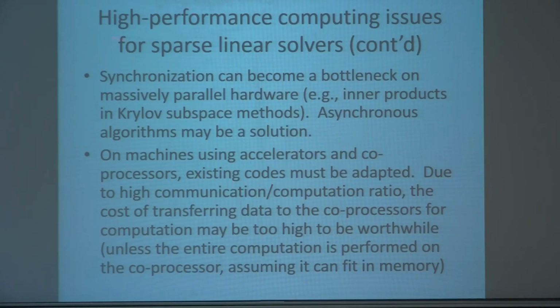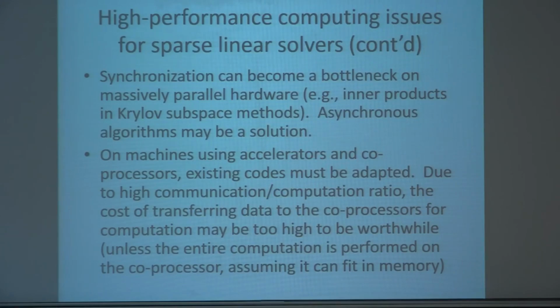In any case, when you have this many processing units trying to synchronize, that can become a bottleneck. There have been some studies that have shown that GMRES, which has quite a few inner products, on more than 100,000 cores can spend 70% of its time just doing the inner products. The sparse matrix vector product, as I said earlier, could be the expensive part, but 70% of the time can be just spent on these simple inner products.